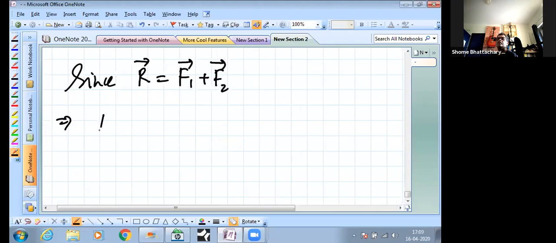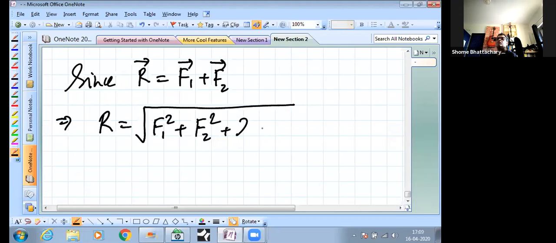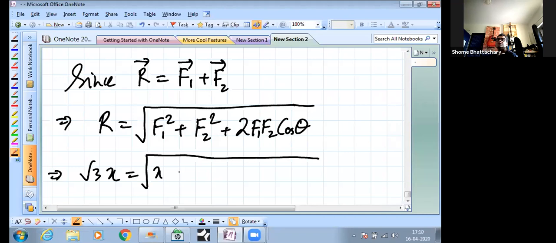It is the triangle law relationship, that the magnitude of R should be the square root of F1 square plus F2 square plus 2 F1 F2 cos theta. This is the same as the triangle law statement; instead of A and B, we have F1 and F2 here. Now R had to be replaced with root 3 x, and F1 and F2 individually were x. So this becomes x square plus x square plus 2x square cos theta.